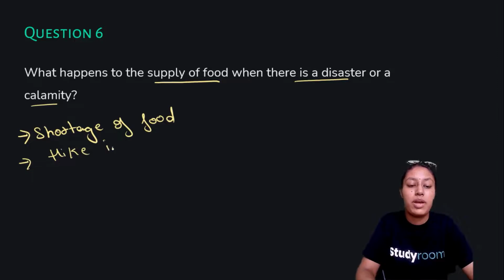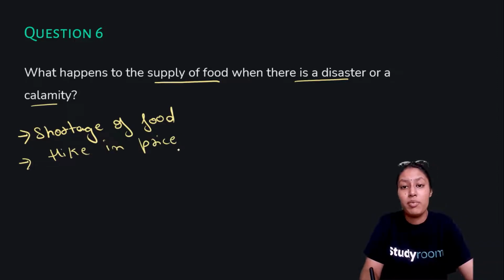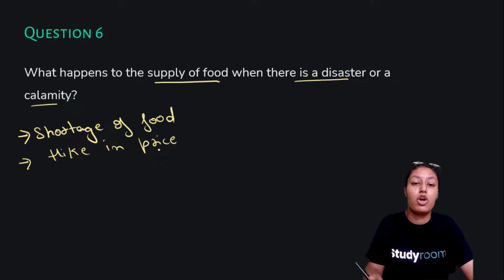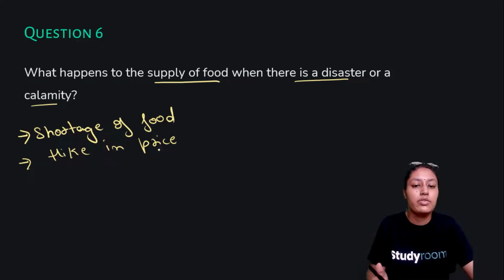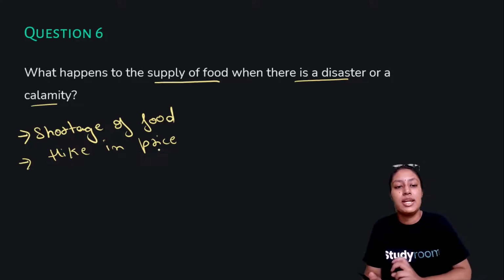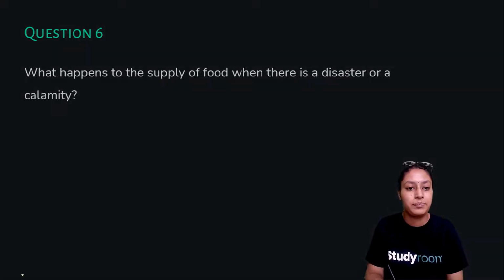Hike in price means that the price of any commodity or any kind of crop will go to a very high rate, where it's unaffordable for most of the people. So this kind of situation comes when there is a disaster or a calamity.